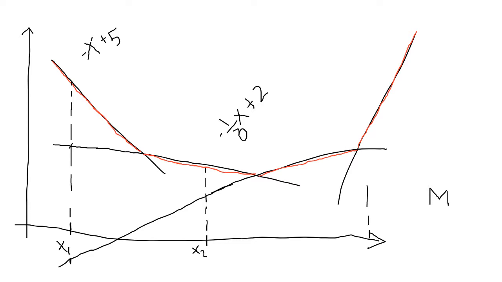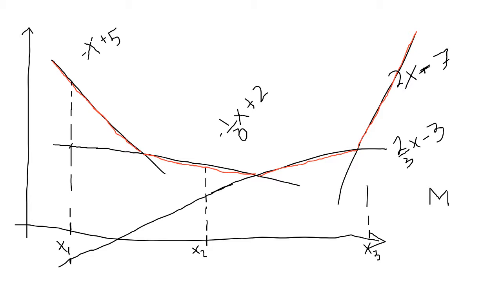So what about x3? Before you answer, I will say that this is 2x minus 7, and this line is 2/3 of x minus 3.